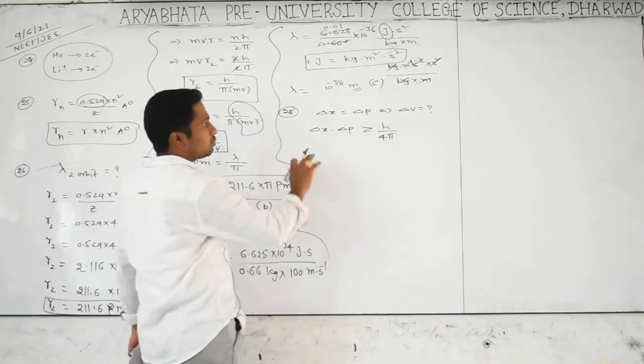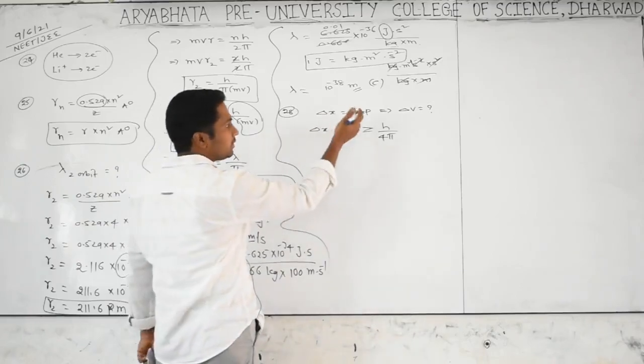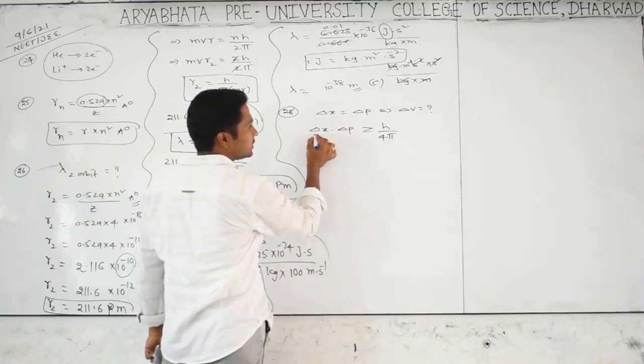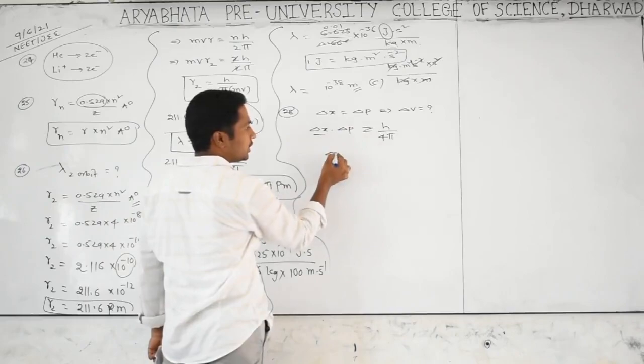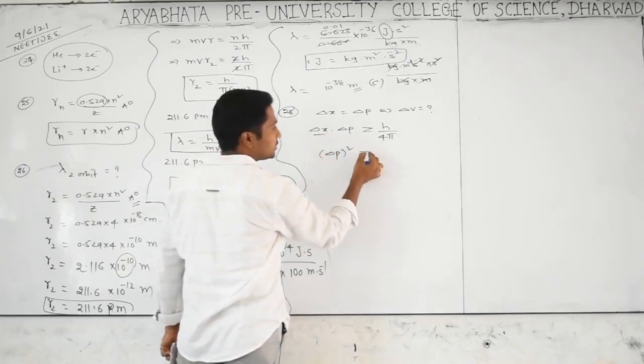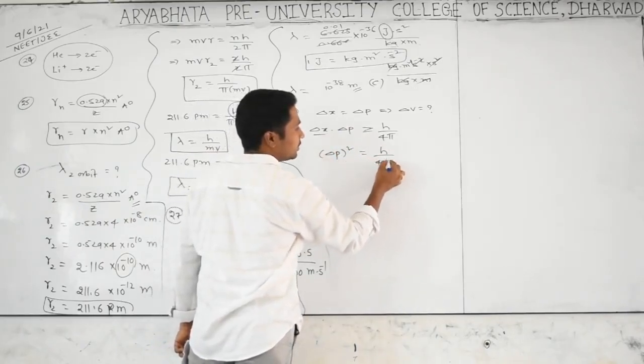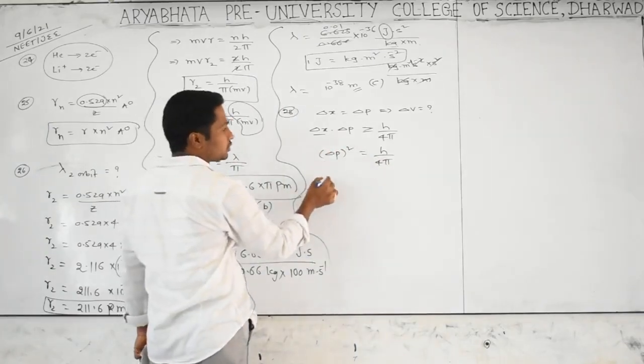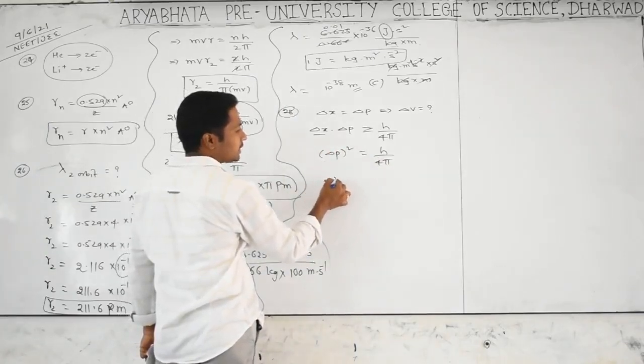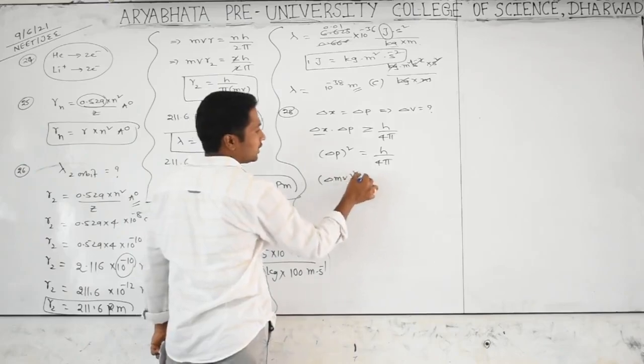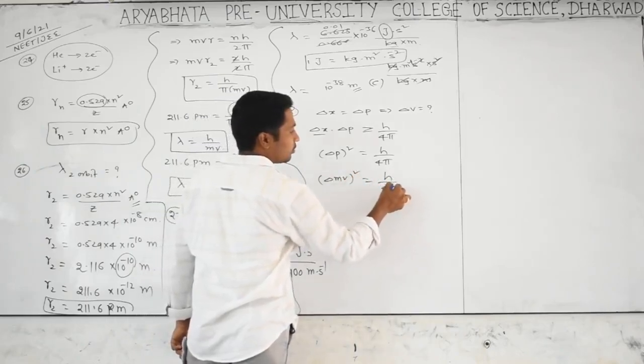Yes or no? So both are equal. Both are equal means I will take delta x equal to delta p. Then substitute here: delta p whole square is equal to h by 4 pi. Delta p means m delta v, whole square, equal to h by 4 pi.